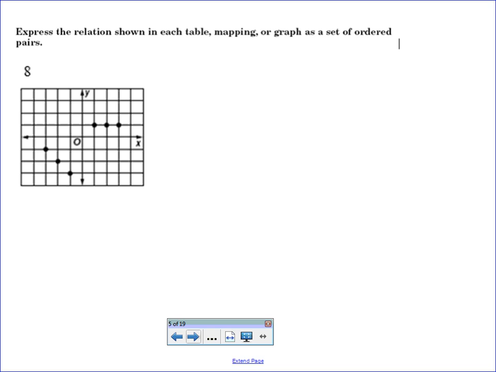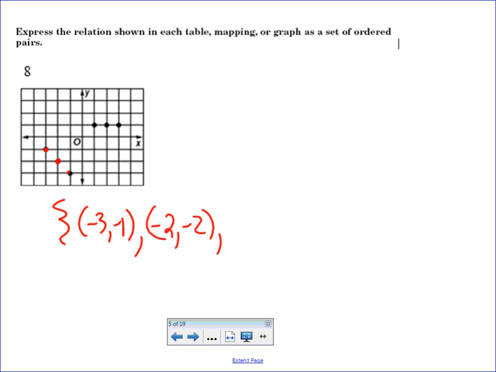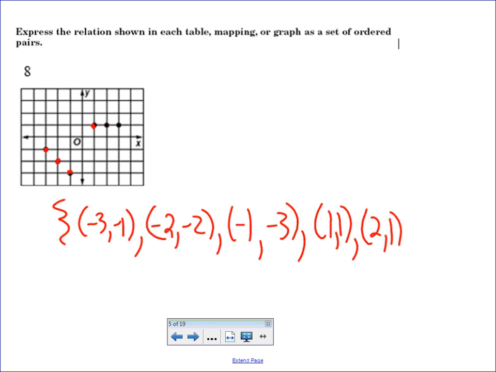All right, now this one, so we're going to once again list our ordered pairs. So the first ordered pair is -3, -1, and then -2, -2, then -1, -3, then 1, 1, 2, 1, and 3, 1.